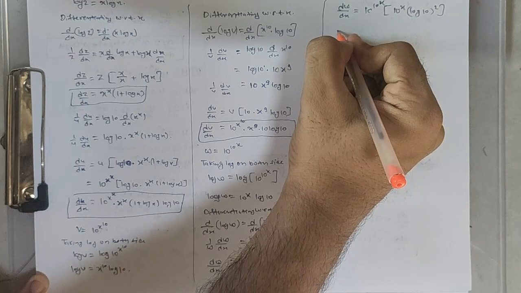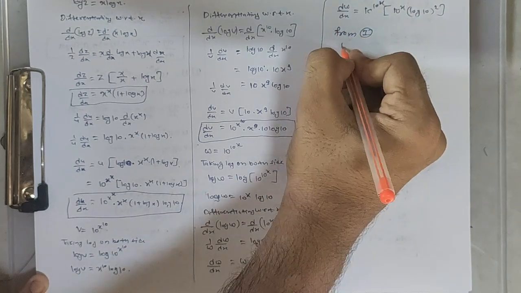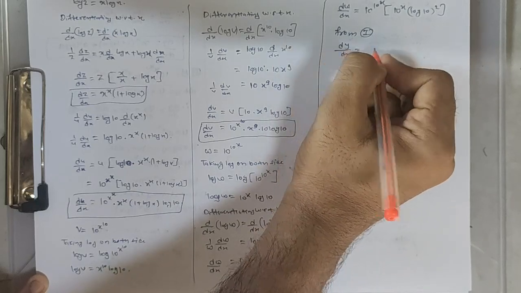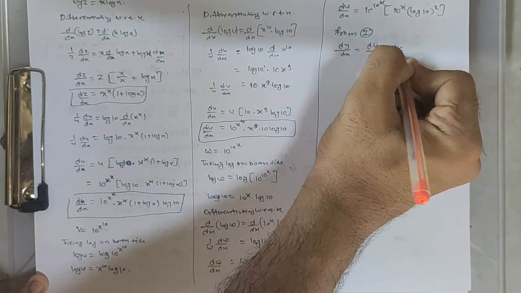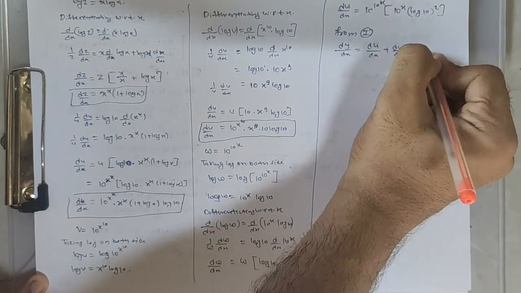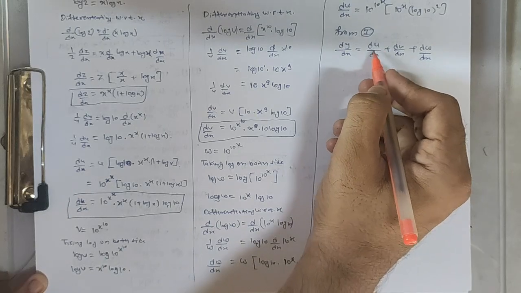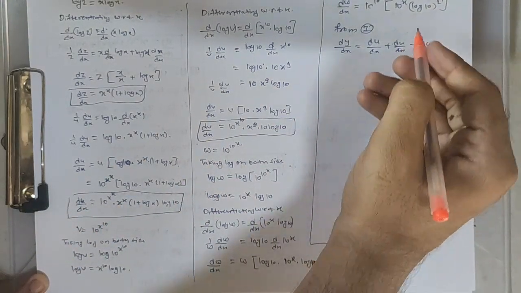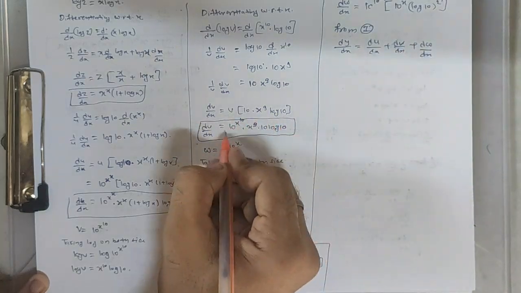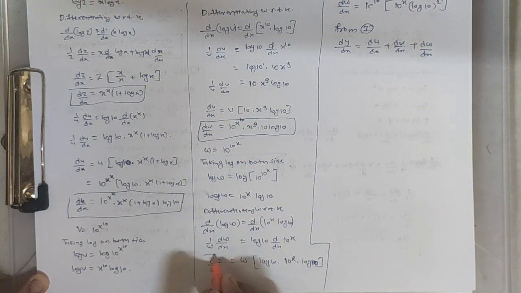Now we know from 1, dy upon dx is equal to du upon dx plus dv upon dx plus dw upon dx. So we will replace du by dx by this term, dv upon dx by this, and dw by dx by this.